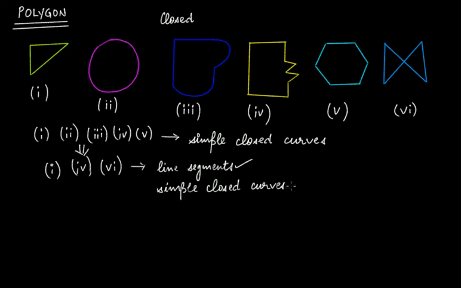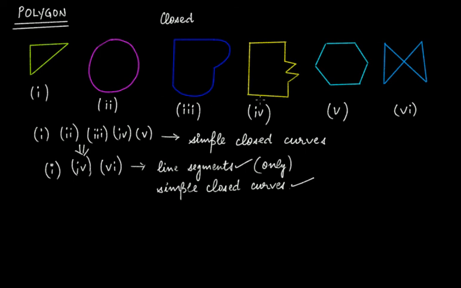And that's the condition any curve must satisfy to be a polygon: if a given curve is a simple closed curve, and if it is only made up of line segments, then that will be a polygon.